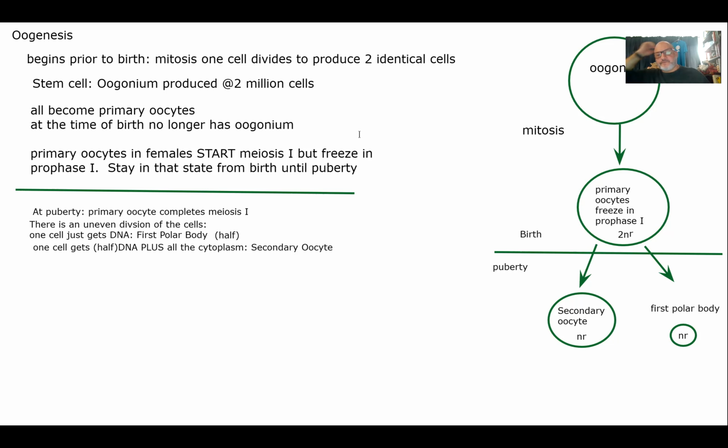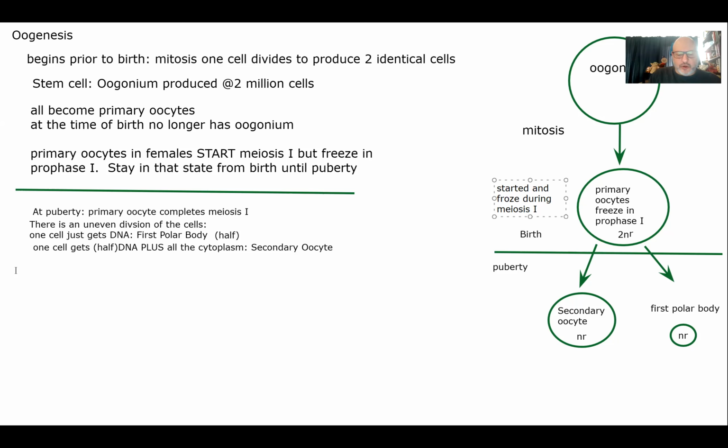Now, of course, remember here we started and froze during meiosis 1. And the same thing happens to this secondary oocyte.